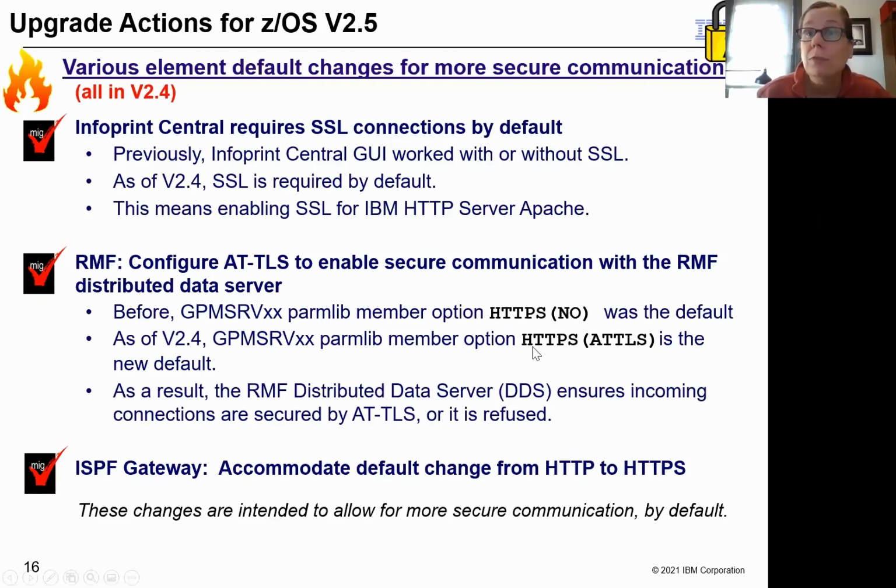You can see the new default is HTTPS ATTLS, and the old default was HTTPS. We have a health check to ensure that you're using the better communication method. And for the ISPF gateway, we had a default change from HTTP to HTTPS. If you look at all of these, you can see how by default on the release boundary, we want more secure communications for z/OS.